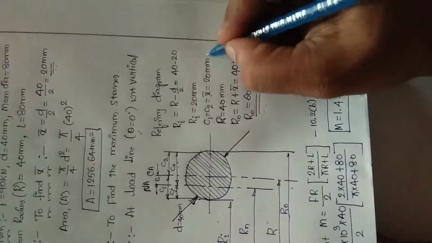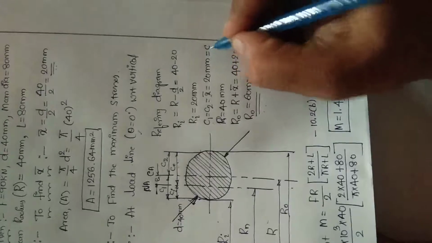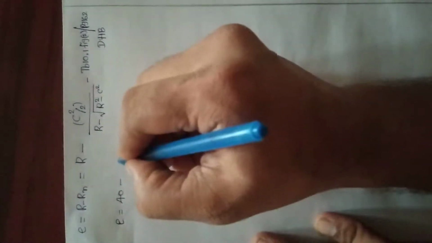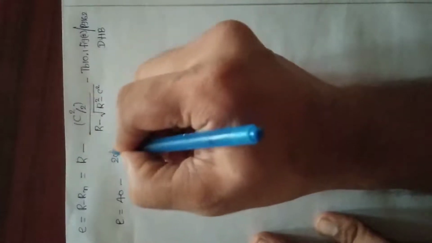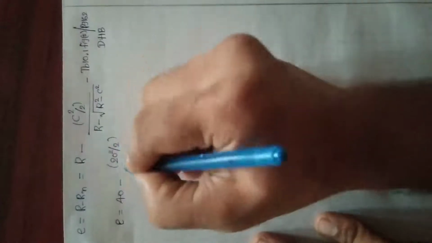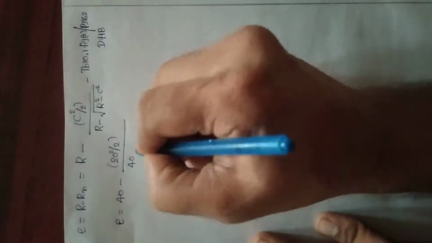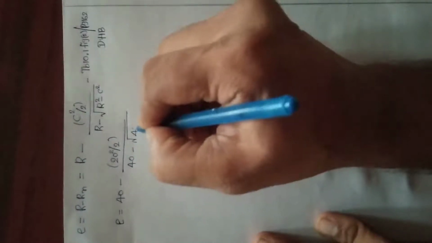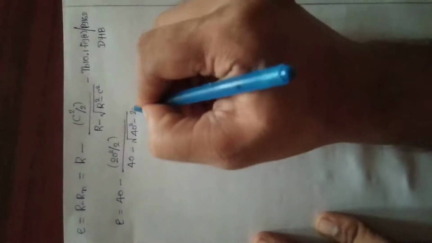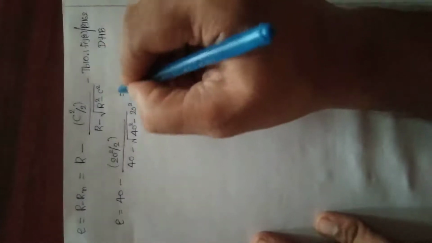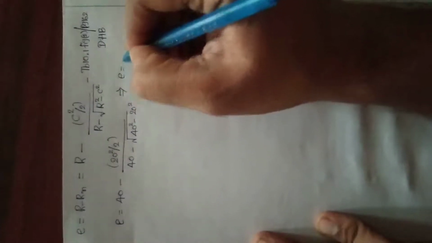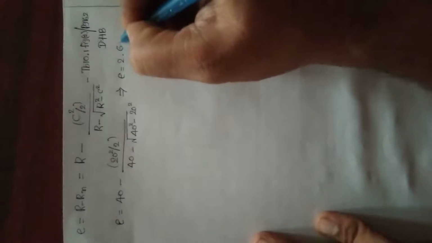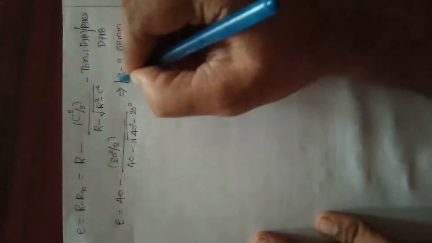I can also write C because in the data handbook he has given the common letter C. So C is 20. So 20 square by 2 into R, which is 40, minus square root of 40 square minus 20 square. So finally I got the E value. E will be 2.68 mm.